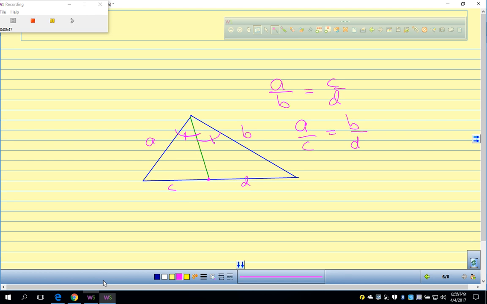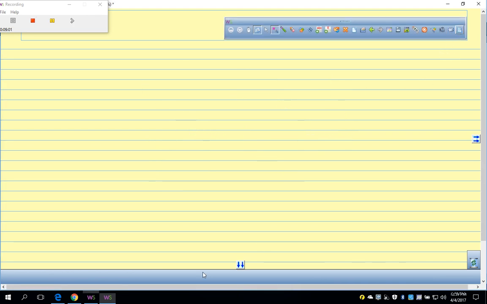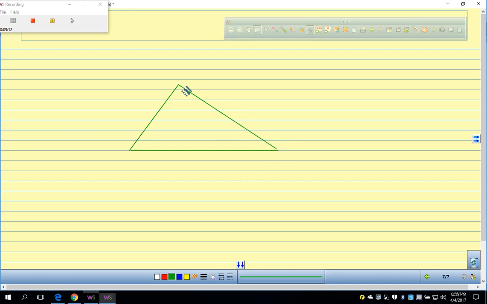So let's do a tricky problem. Say I were to tell you that this side is, let me do another picture with my straight lines. Okay, so say I tell you that this is an angle bisector, indicated like that.